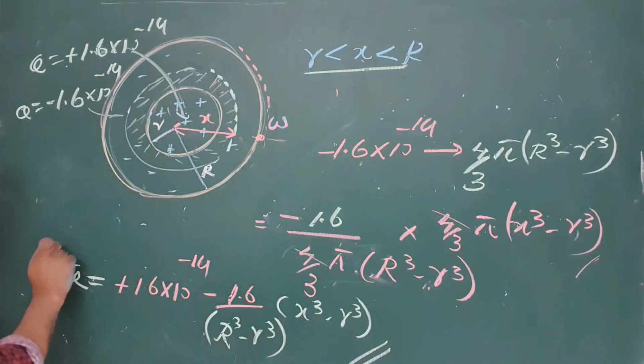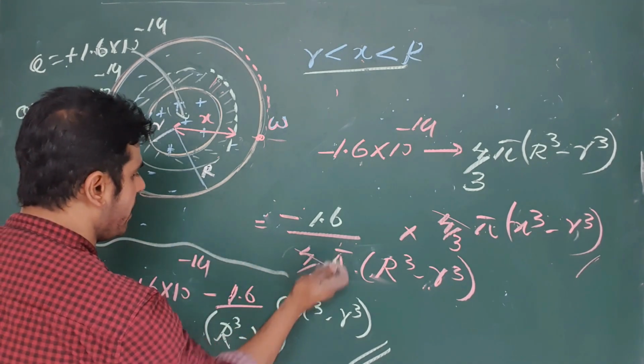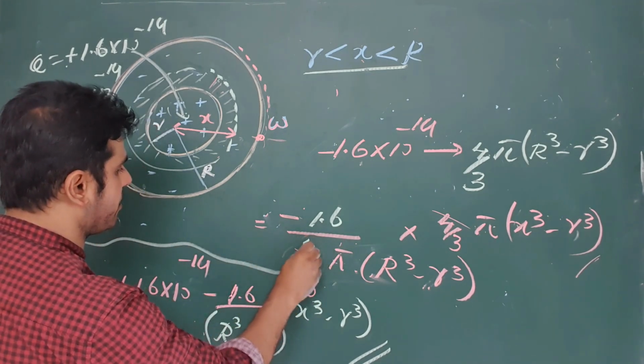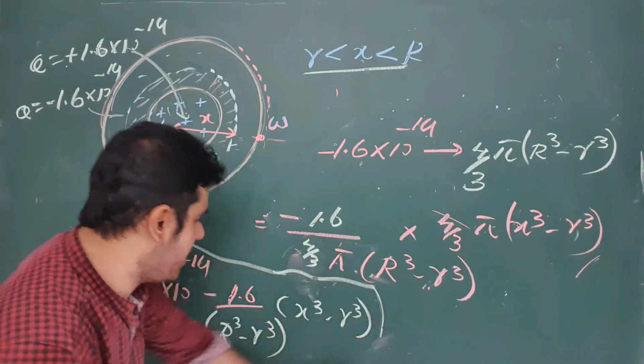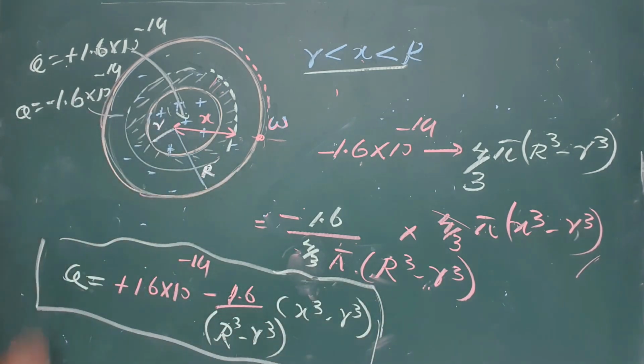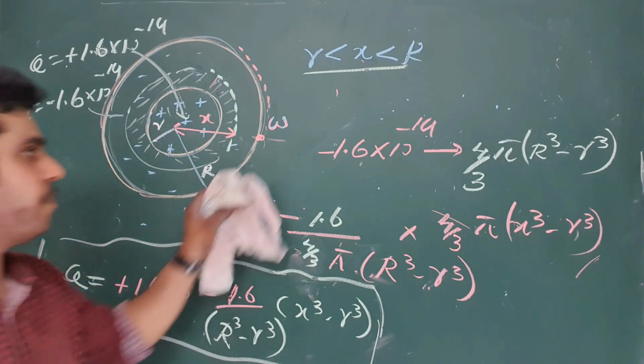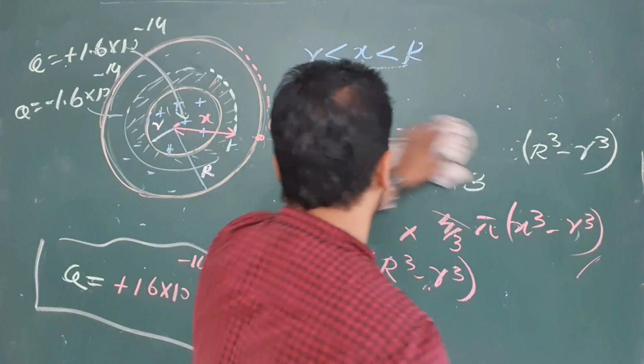Now this is the necessary charge inside the Gauss surface. Now we can write the value. Now we are going to find this one.